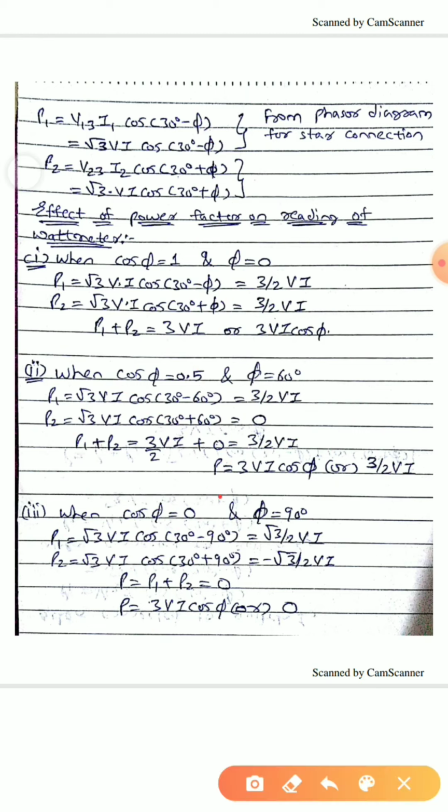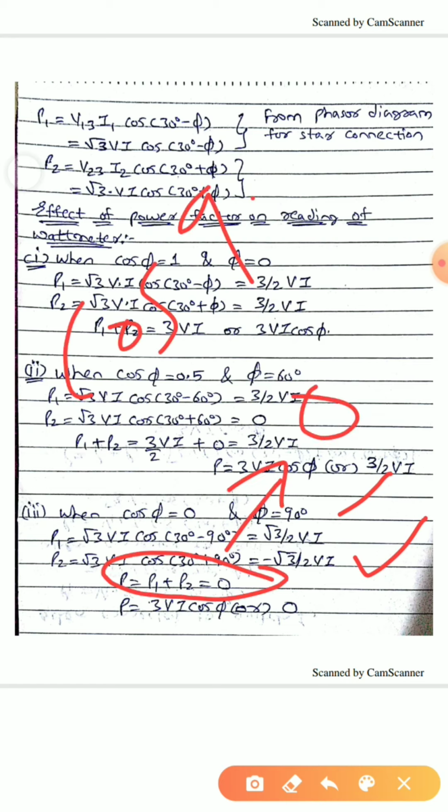The third condition that we have is when the value of cos phi is 0, so it means that phi is equal to 90 degrees. As earlier, substituting the values of P1 and P2, I will get root 3 V2 by Vi, and again I am getting minus root 3 by 2 Vi. Adding both of these, I get the value of power to be 0, because I know that cos 90 is equal to 0.